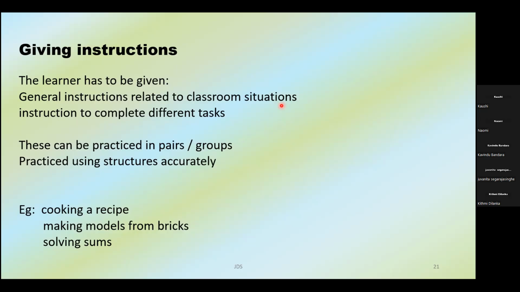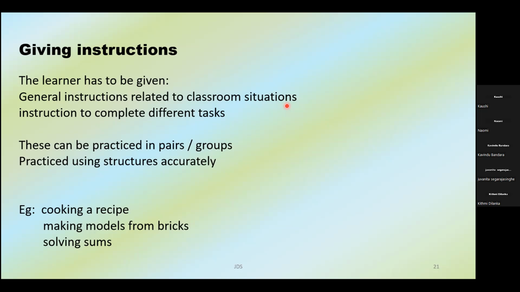Ground rules of the classroom, right? They have to come on time. They should not walk around the class when the lessons are going on. They can't go out of the classroom while the teacher is conducting the lesson, unless for an emergency reason, right?